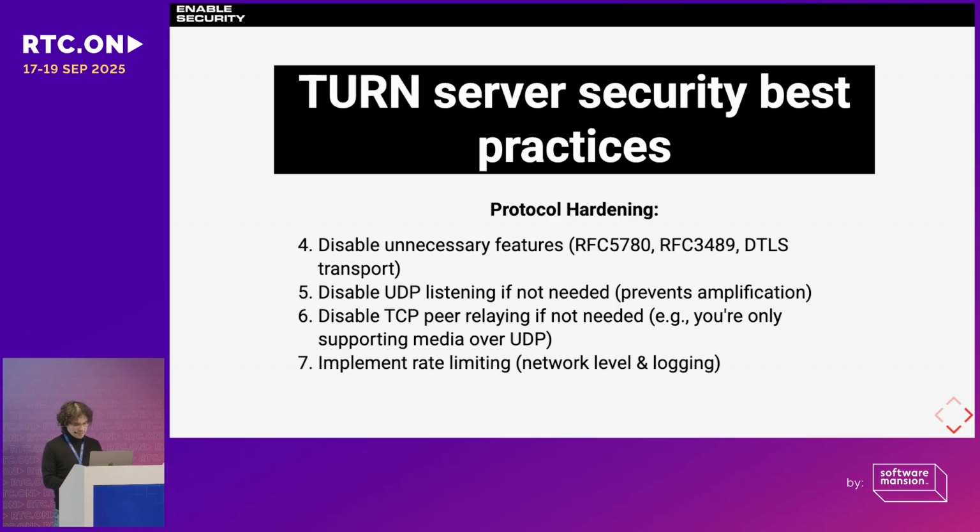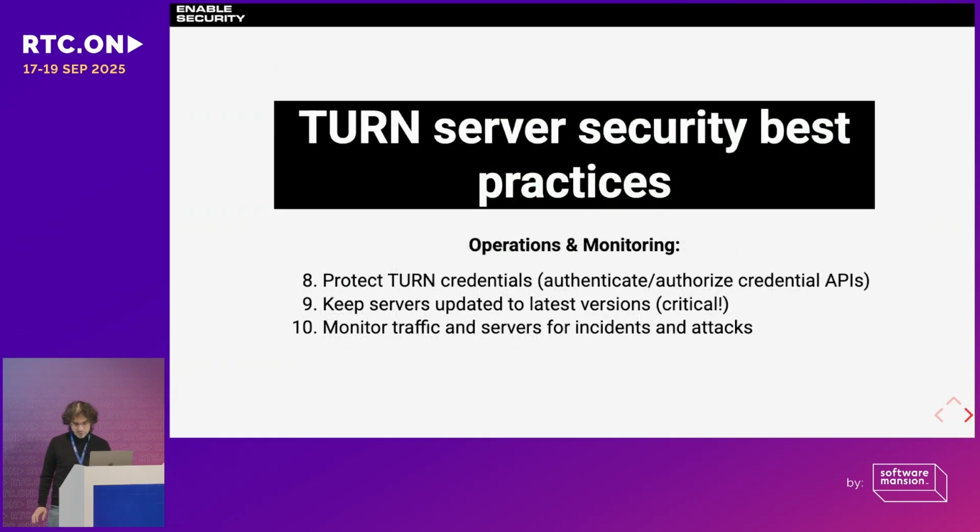And rate limiting, it's useful in any server software. It could help you prevent denial of service. You could sometimes protect the credentials. Before I said that you often need to dispense temporary credentials to anyone, but that's not necessarily the case. There are cases where you have a turn server only for one organization, so you don't have to have no authentication on your turn credentials API endpoint.